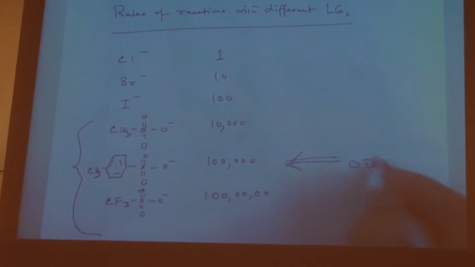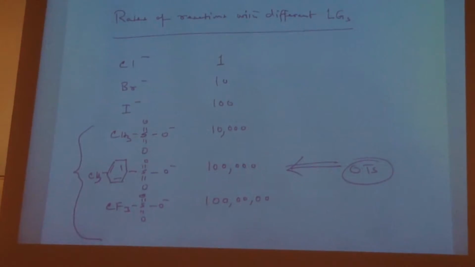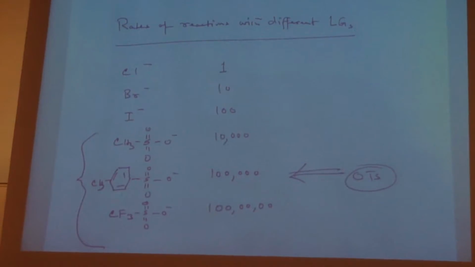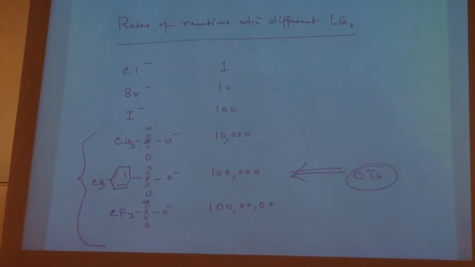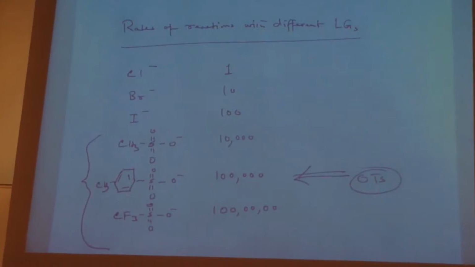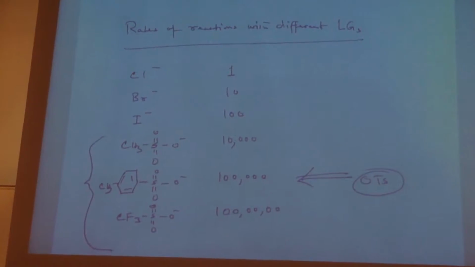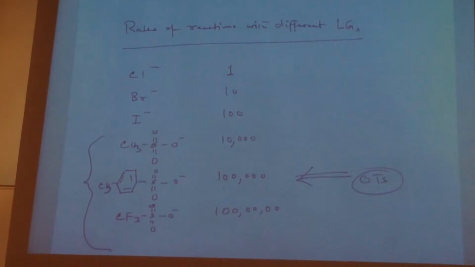This is the abbreviation again. The para-toluenesulfonate as leaving group. Okay. So there's a huge difference in the leaving group. It's 1 million, right? 1 to 1 million.